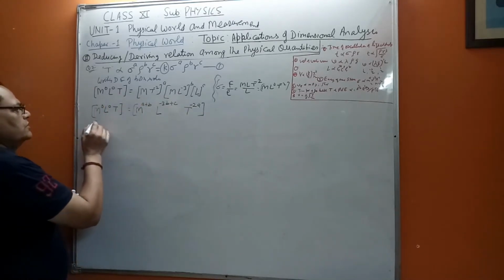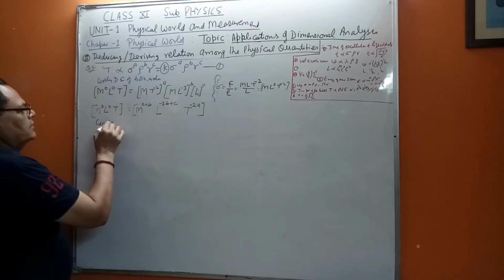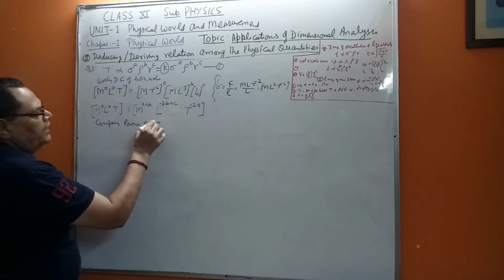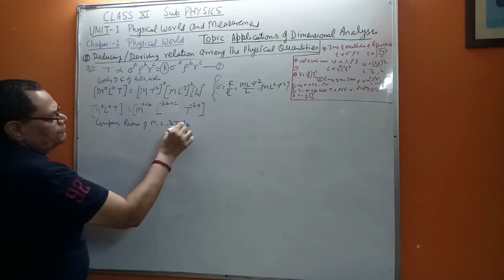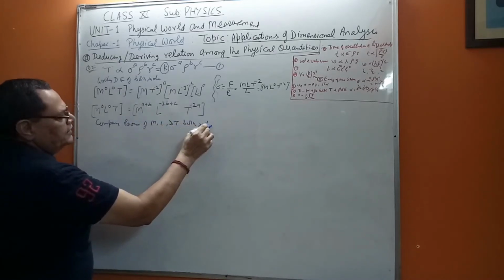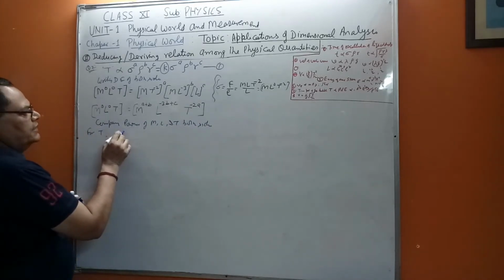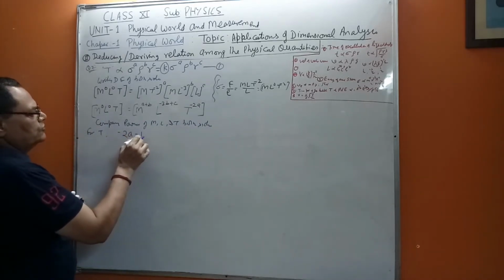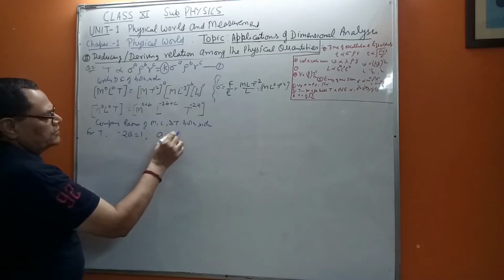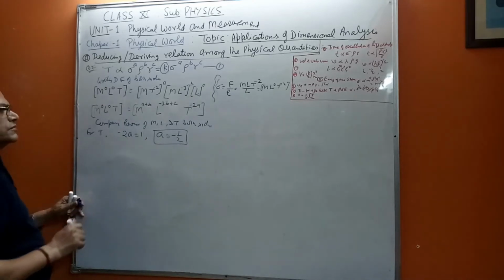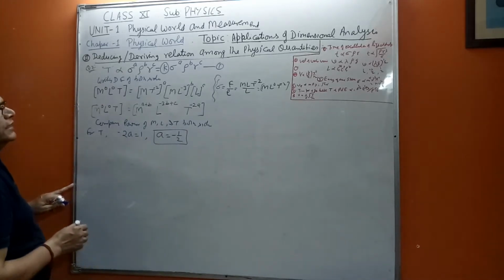So, comparing the powers of M, L and T on both sides. When you compare for time, you will see minus 2a is equal to 1, or a is equal to minus half, because this 2 goes down.